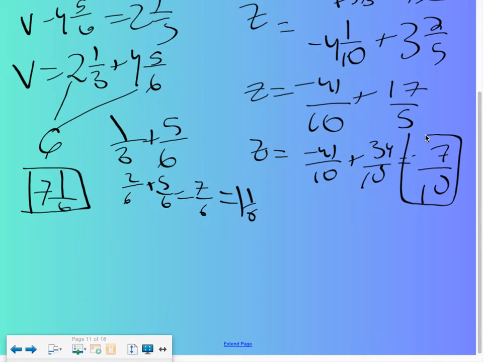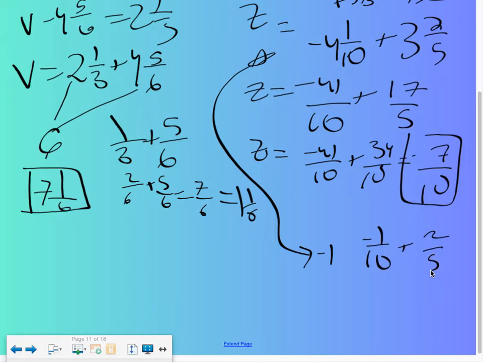All right, or if you go back up here, the whole number is negative 4 and 3. Well, that gives us a negative 1, right? So now we have the fraction part, so negative 1 over 10 and a positive 2 over 5. All right, well, this is really negative 1 over 10 and 4 over 10.